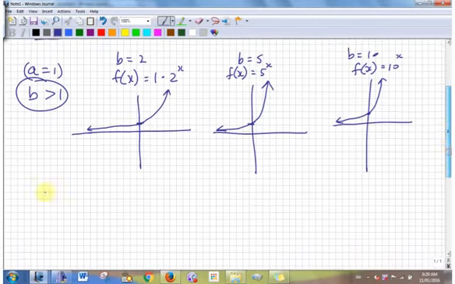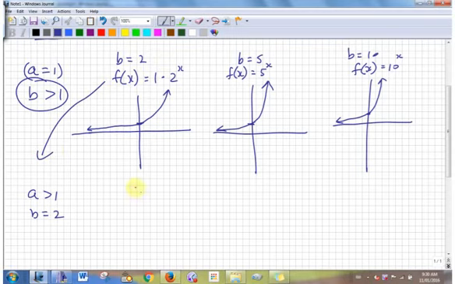Now, let's see what changing a does, this number in front. I'm going to take this graph here, and I'm going to play around with a and see what happens. So f of x is a times b to the x, with a greater than or equal to 1. Let's let a be 2, and b is 2.